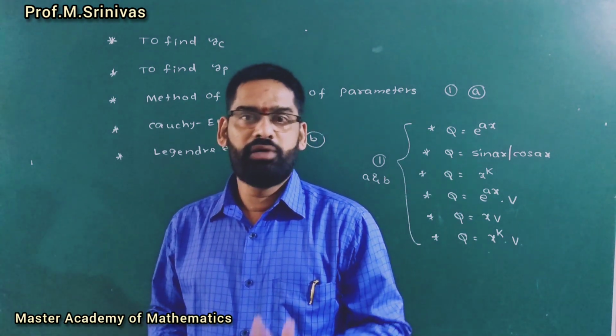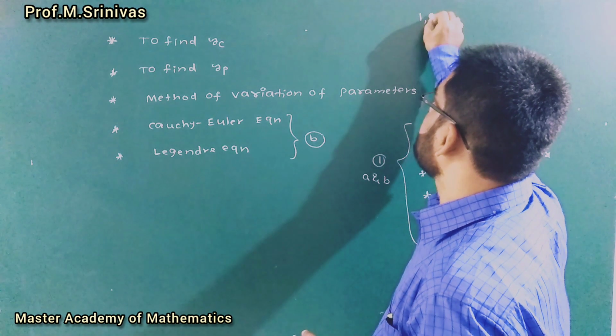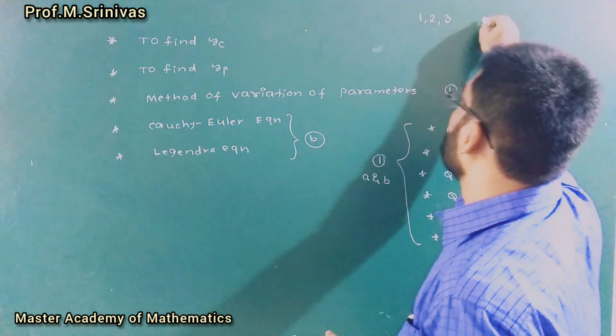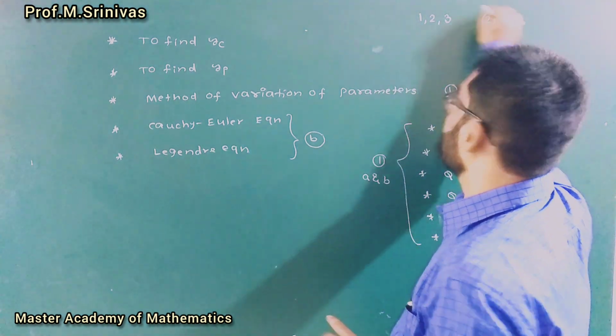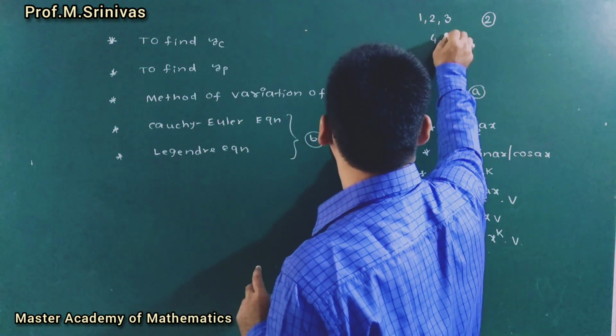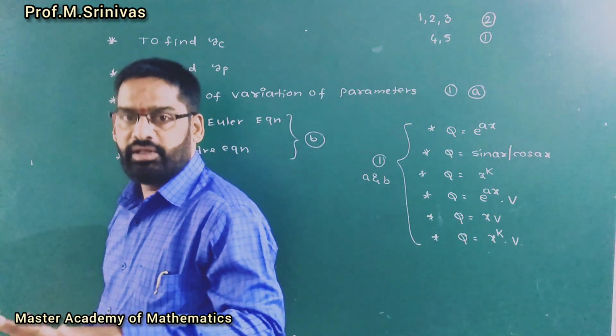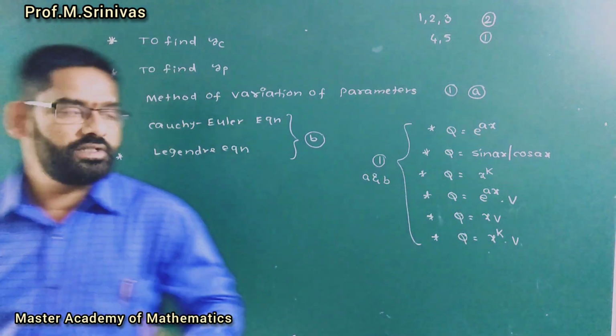Out of 8, you answer only 5. From the first unit, second unit and third unit, you can expect 2 problems from each unit, and from the fourth and fifth units only 1 problem. In the last video session I gave 2 important problems from the first unit.